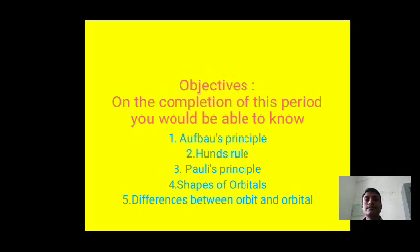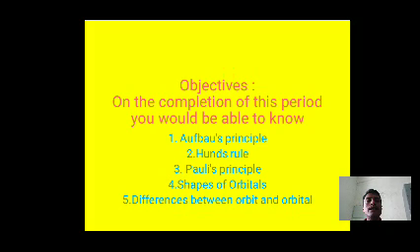These three principles explain the arrangement of electrons in an orbit.